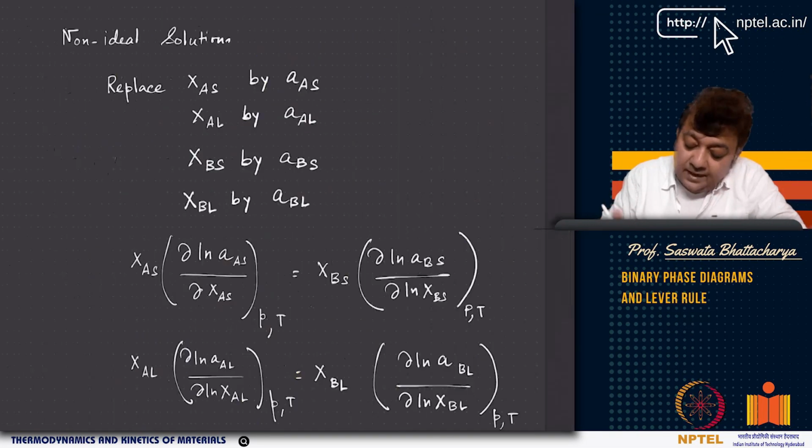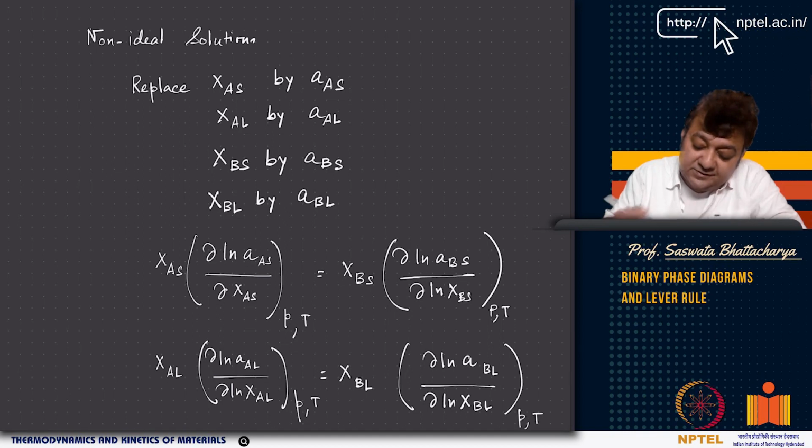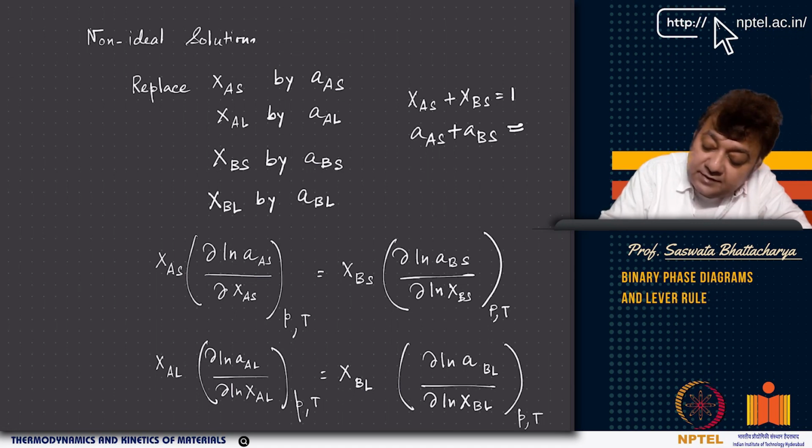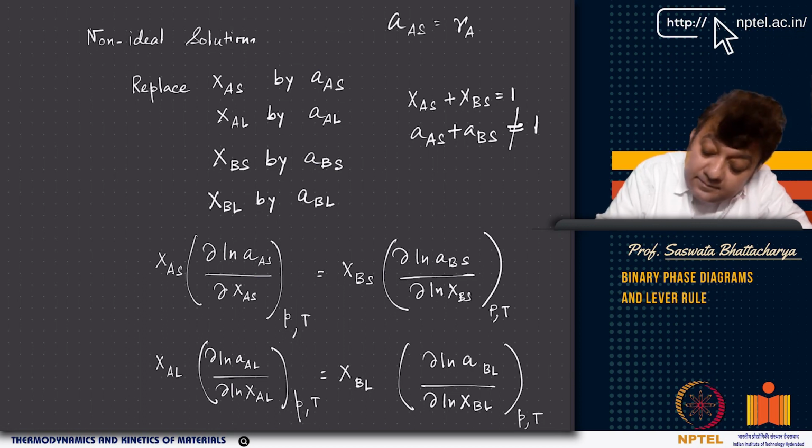Remember, although XAS plus XBS equals 1, AAS plus ABS for a non-ideal solution is not equal to 1, because it has a gamma. So basically AAS is gamma AS times XAS in the solution.